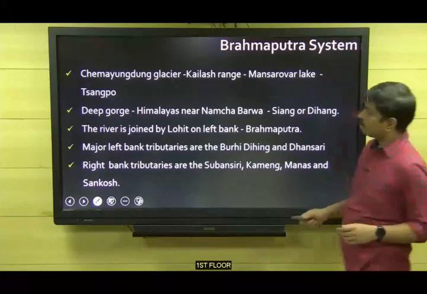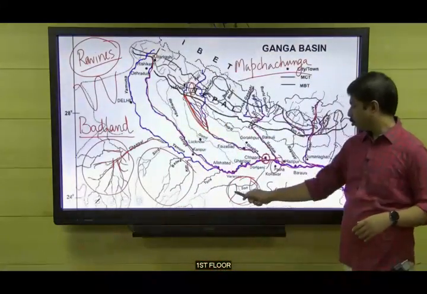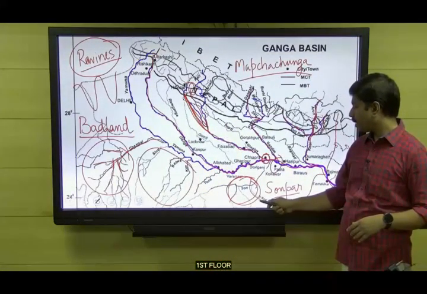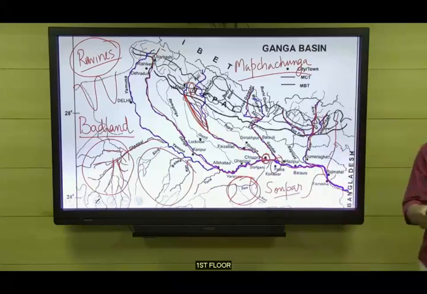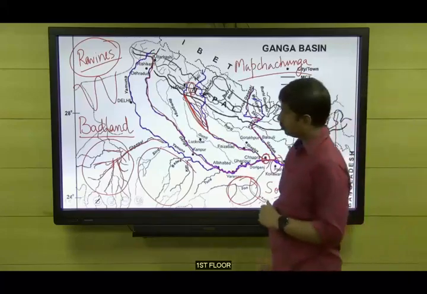Regarding the Son river, you may remember that it is part of the radial drainage from the Amarkantak plateau. That is the importance of Son river.